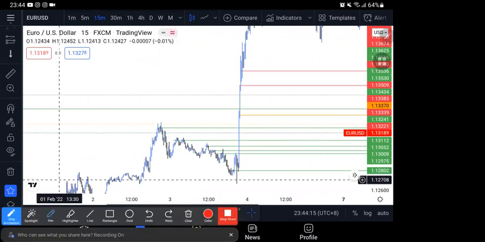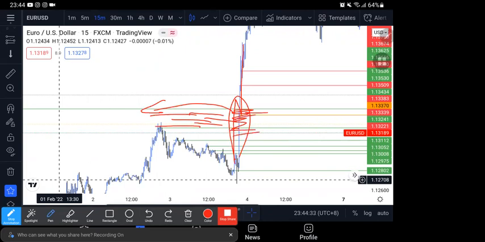Let's say if there are a few more key levels over here. See, this thing already broke the key level, so it can be used. If there is no key level over here, just use over here. No problem at all. If there is a key level over here, just use what's available.